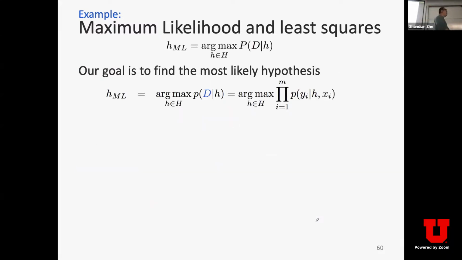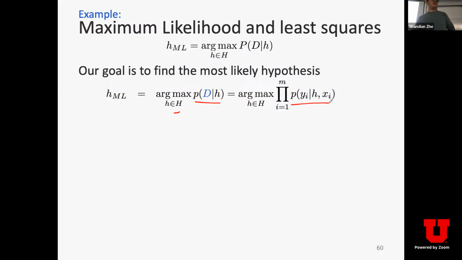Now, given this likelihood model, our goal is to find the most likely hypothesis, the best hypothesis from the hypothesis space H. That means we need to maximize the likelihood of the data given each hypothesis over the entire hypothesis space.